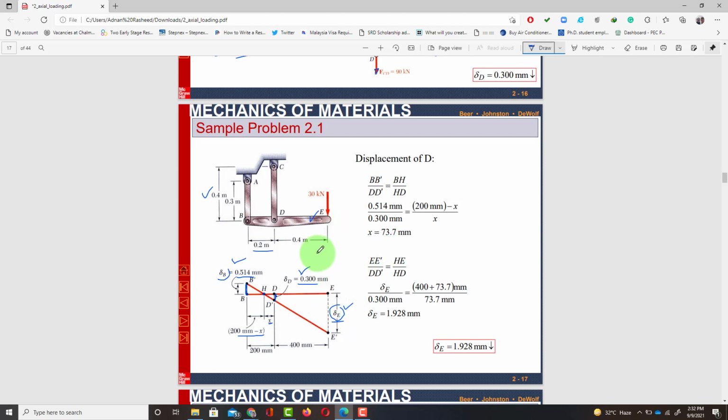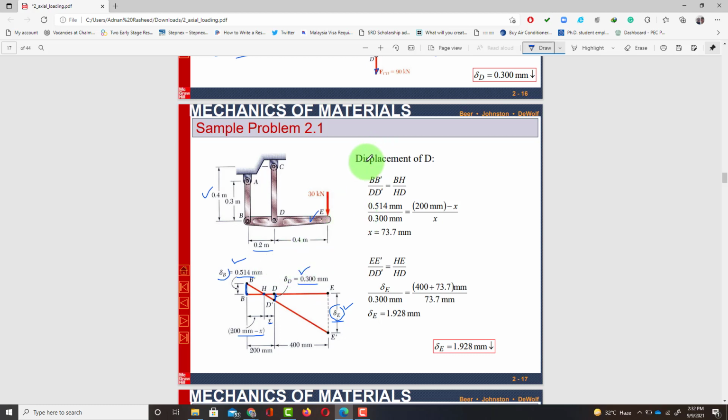So for that, if you see this figure, we have three similar triangles, not equal. So this triangle B, B dash, H, we have another triangle H, D, D dash, and another triangle H, E, E dash. By similar triangles we mean that if two triangles are similar, then the ratio between their corresponding lengths will be the same.